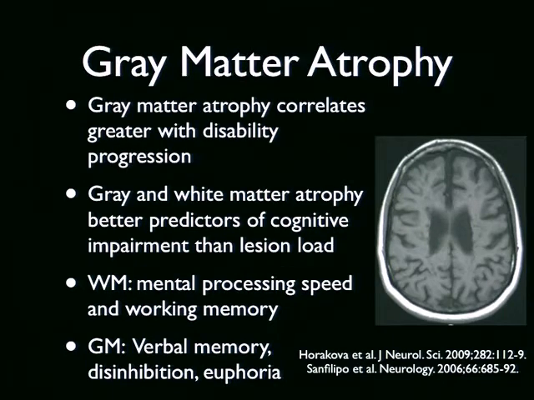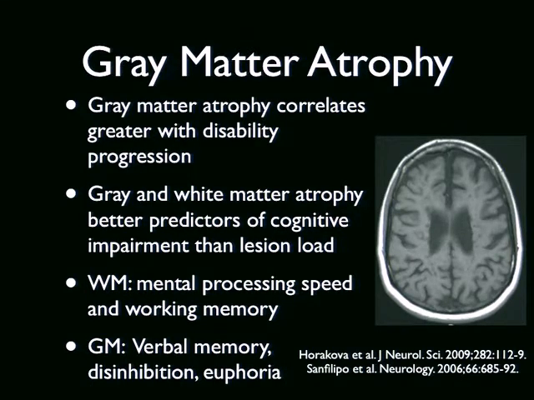In addition to the focal areas of cortical demyelination, there has also been appreciated atrophy. What's been done over at the Brigham has been really great work looking at the differences between gray matter atrophy and white matter atrophy in MS. It appears that atrophy within the gray matter is actually much more specific for things like disability, although probably both present some information for us when we look at some of the cognitive domains.